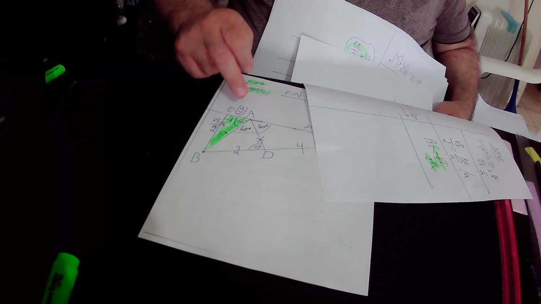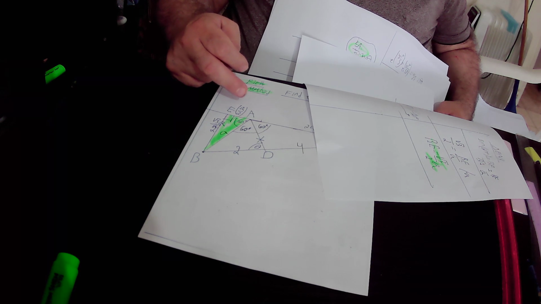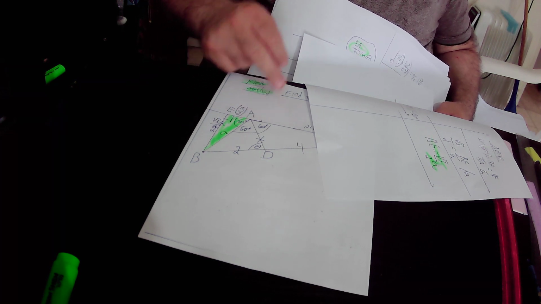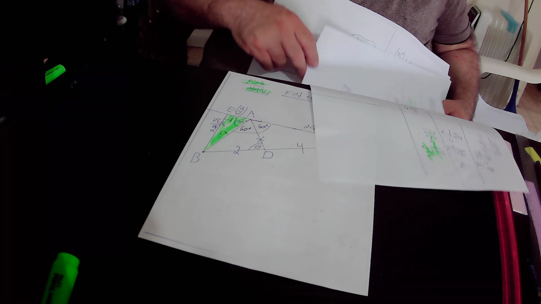We continue to focus on the right green triangle, triangle EAB. In this triangle, sine 60 degrees equals BE over BA.